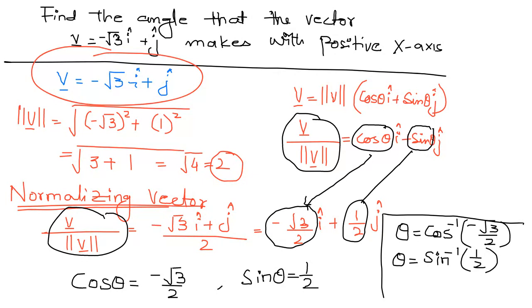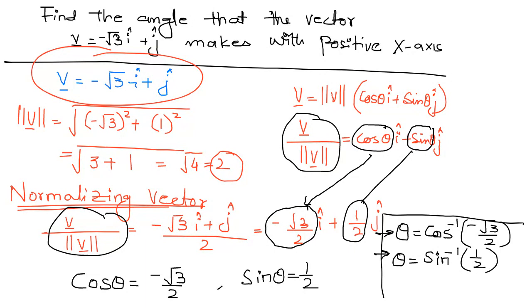So I want to ask you, what is the theta which satisfies these two equations? At which value of theta is cosine minus square root of 3 divided by 2, and at which value of theta is the sine of theta equal to 1 over 2? That must be one angle, not different.